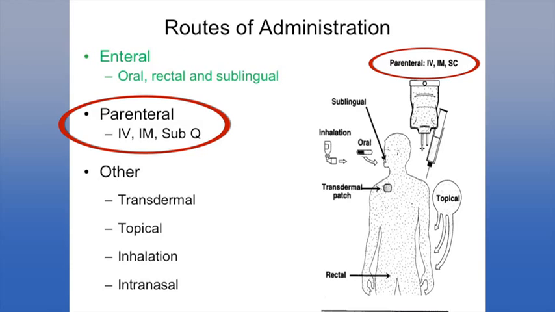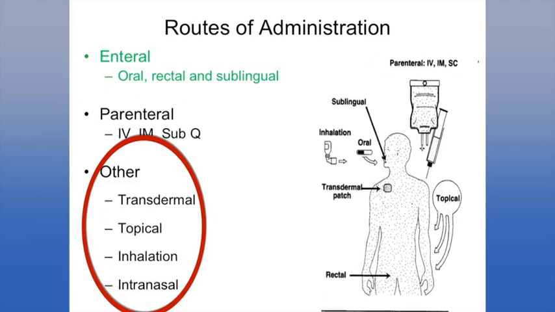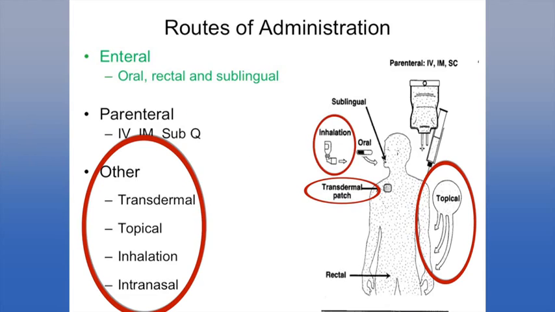Other routes of administration that we're going to talk about in the next couple of slides is giving medication across the skin. This is referred to as transdermal. Another way is topically, giving the drug only to the site where you want it to go, for example, eye drops. Another example is inhalation, actually breathing in a medication.